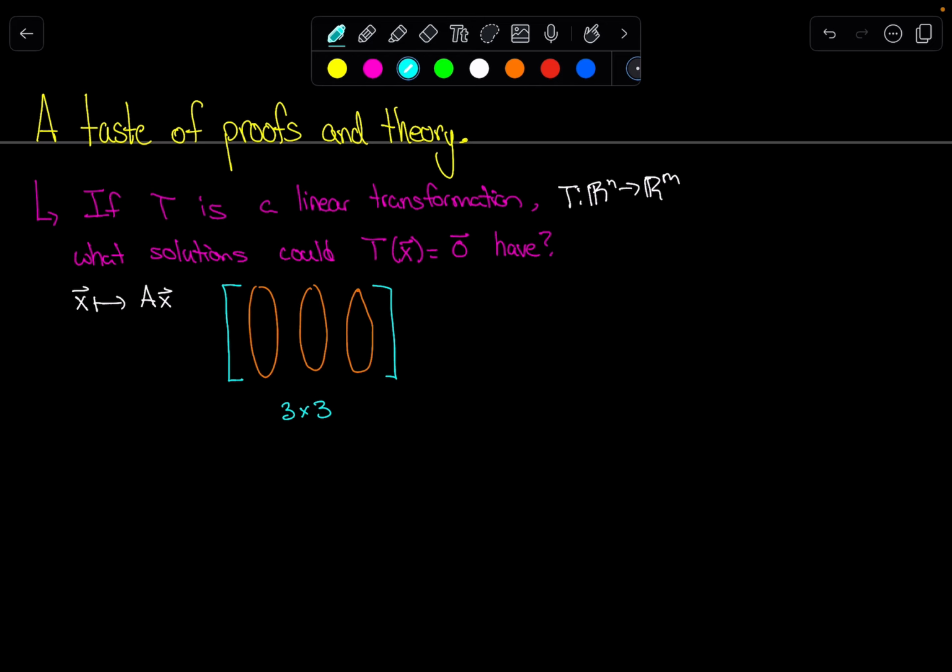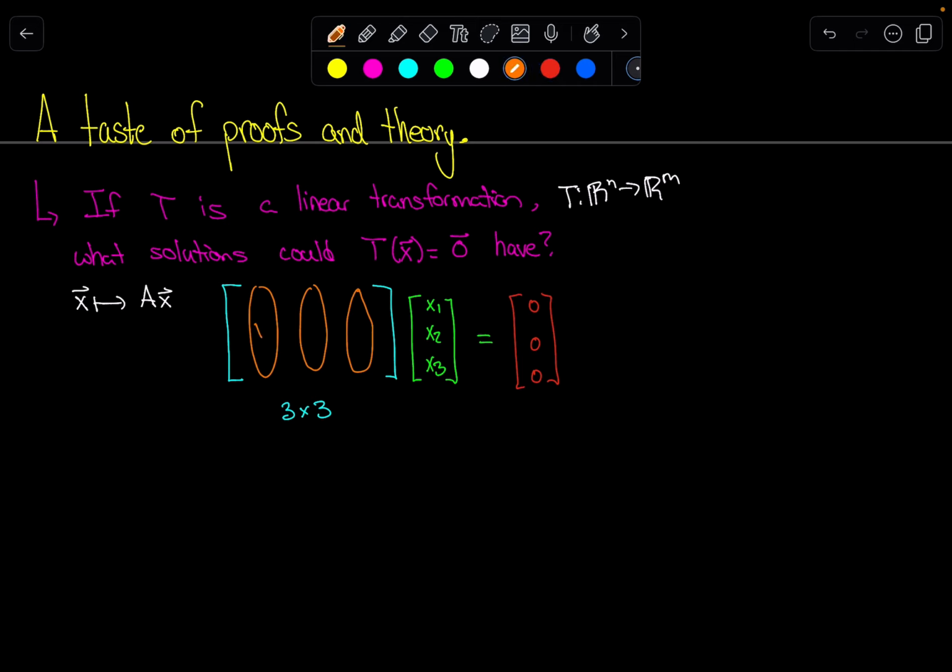And answering the question T of x equals 0 is the same thing as taking that matrix A and multiplying it by x, which consists of x1, x2, x3, and asking whether we want this to equal the 0 vector. This example just goes from R3 to R3, but we want this to happen. So what could the solutions be? The answer is that it depends.